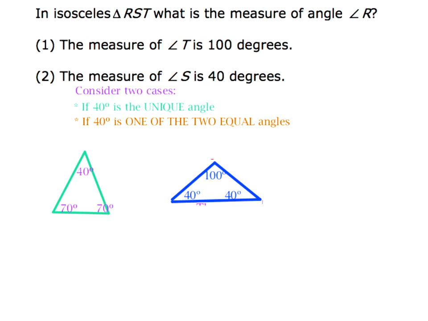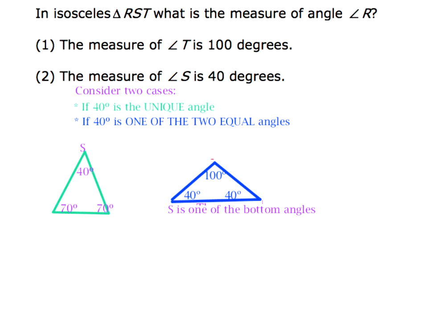So let's color code those statements. If you have the green case, then you have the green triangle, and if you have the blue case, then you have the blue triangle. Notice that in this case, this is going to be angle S, and in this case, S is one of the bottom angles.